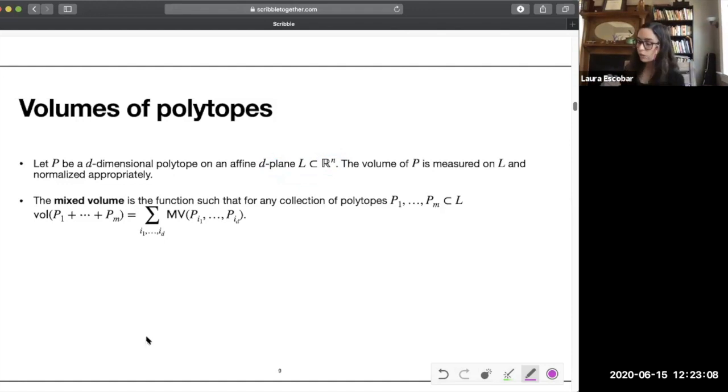Very concretely, what I mean by normalizing is that I'm going to take the intersection of this affine plane L with the lattice in R^n, and I'm going to normalize the volume so that the smallest parallelotope that has vertices in that intersection has volume 1. It's a very usual thing to do when you want to compute volumes of polytopes inside affine planes.